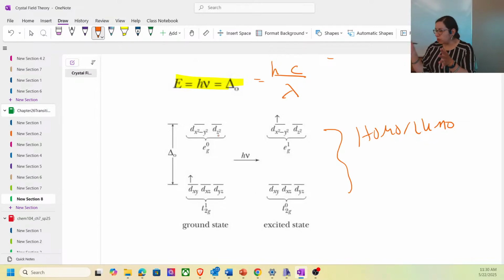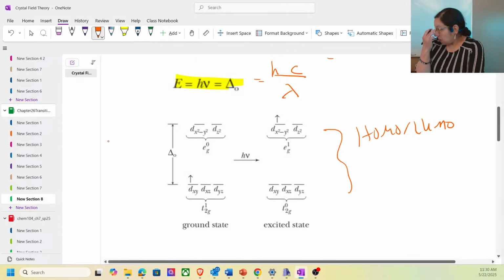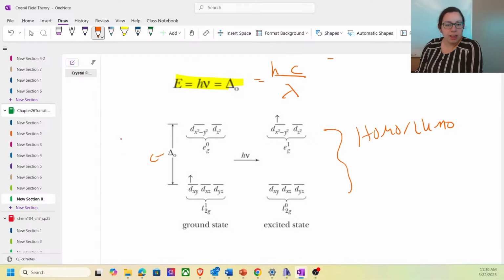So again, we're still building up to the full picture. But we care about this because we care about whether it's high spin or low spin, how the electrons are filled up, which ones are occupied and unoccupied, because that tells us a lot of information. And what's also significant, and why people like transition metal chemistry, is that all these transitions tend to occur in the visible region.